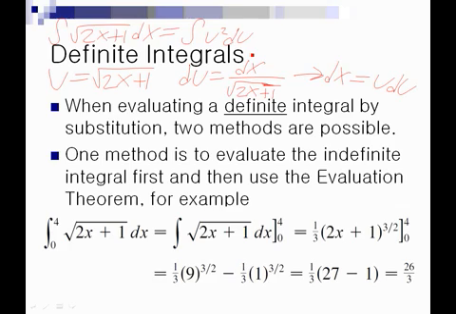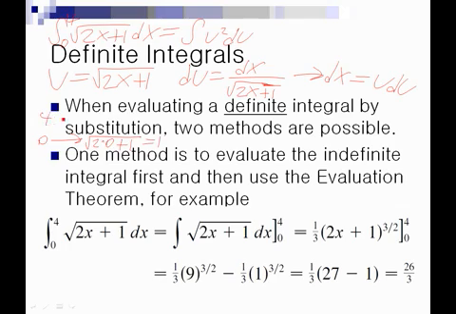Now, but what about the endpoints? So the endpoints should transform according to the transformation. So if we have a 0 and a 4 here, let me figure out where to write it. Let's say that the 0 should transform now into the square root of 2 times 0 plus 1, which is 1.